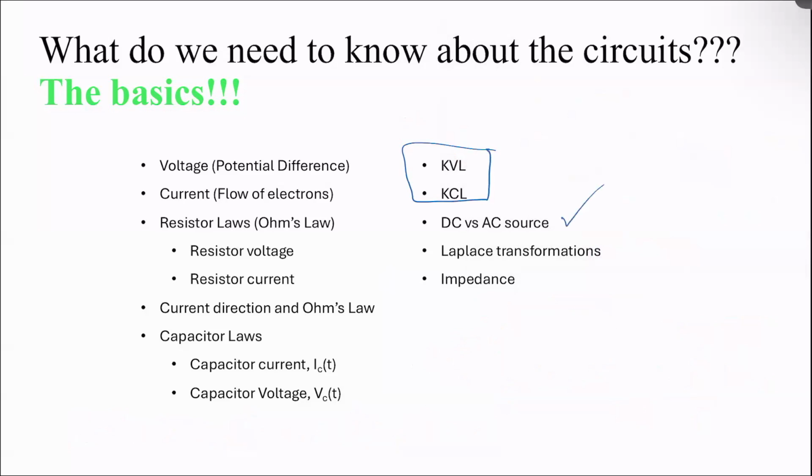And next, we have our DC source and AC source. When you have a DC source, it's going to be represented with a positive sign and a negative sign, and you usually use capital letters to denote your DC source. Your AC source is represented using a sine wave, and it's usually denoted in small letters with a t.